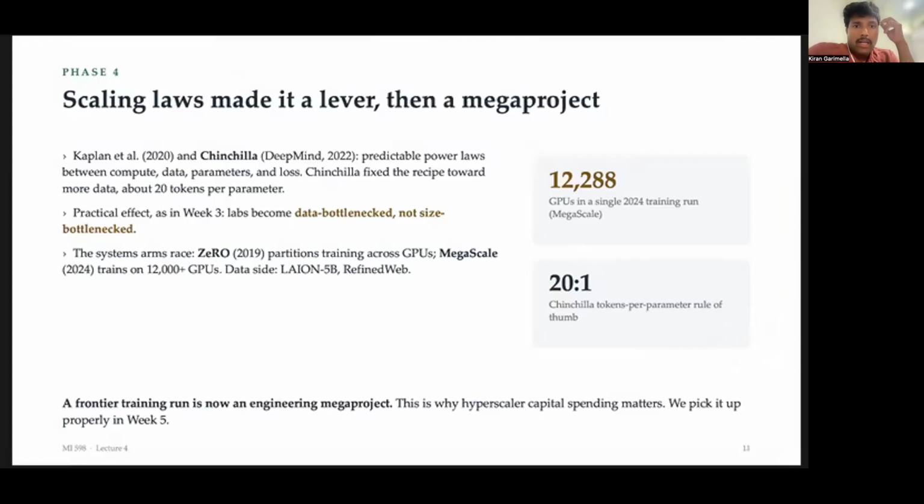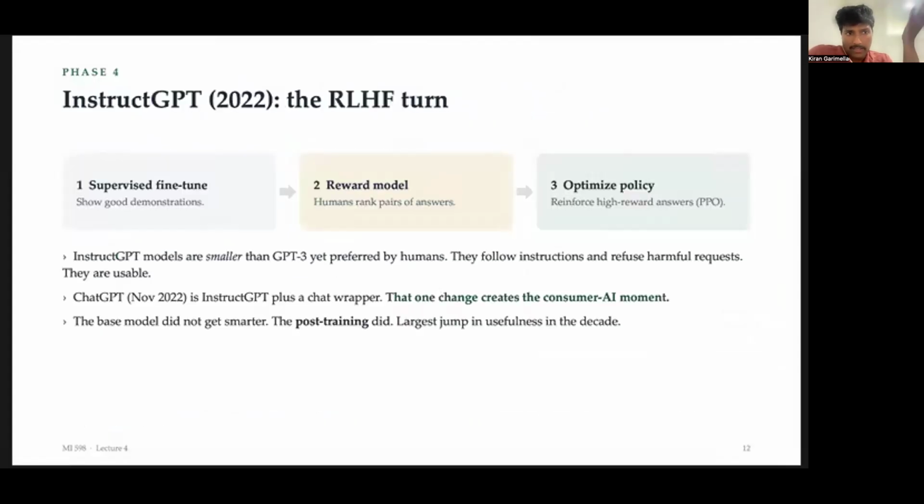Okay. So we went from the transformer to applications of those, right? There are many more, like InstructGPT, which is reinforcement learning with human feedback on top of a GPT model. You have this supervised fine-tune, which shows good demonstrations, then have a human rank pairs of answers. This we saw last week. And then you have some sort of optimization policy.